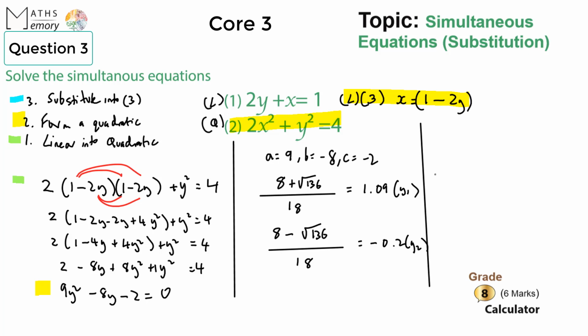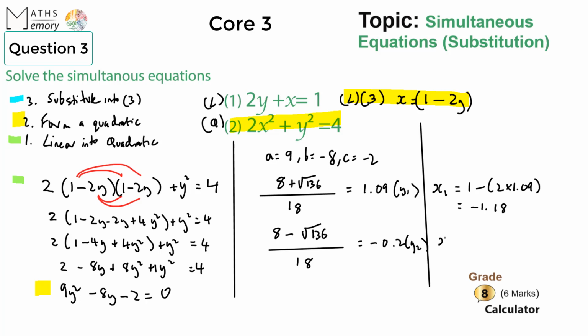So let's find out x1. x1 would be 1 take away 2 times 1.09. And that would give us an answer of minus 1.18.